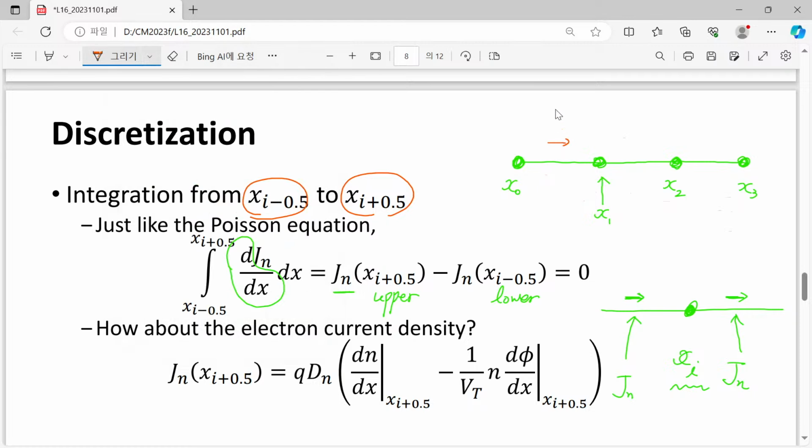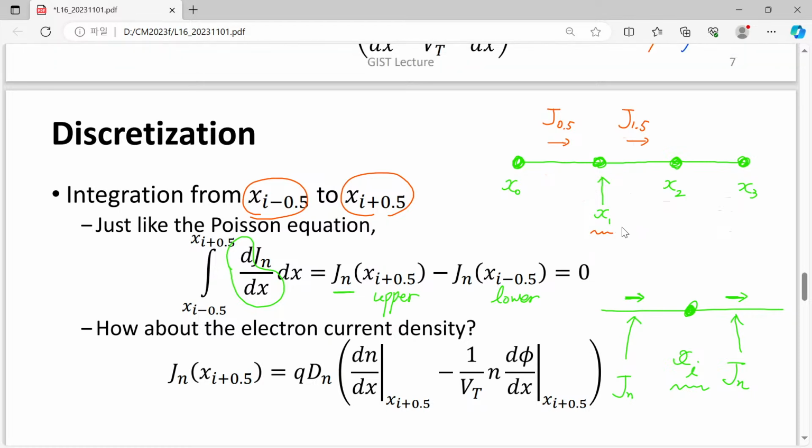Okay, j sub n evaluated at 0.5 is equal to what? J sub n evaluated at x sub 1.5. This is governed by this x1 equation. Are you with me? Then please consider the x2 point. What does the x2 point state?